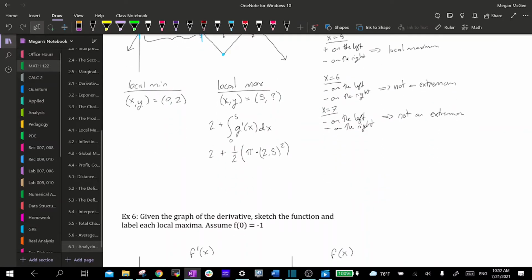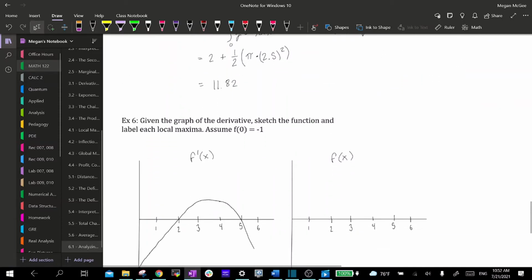So we end up with 2 plus 1/2 of this area, so we get 11.82. So this is our y value. We just need to erase my little question mark and write 11.82 in our point.